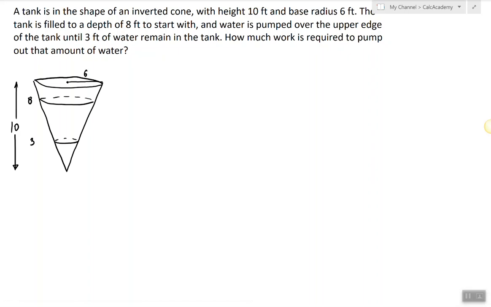So first of all, let's introduce the coordinate system. So we're going to draw the x-axis pointing down. So this is the origin, and at the very bottom it's going to be 10.